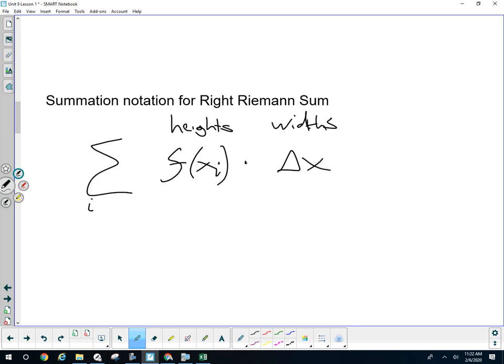We say i starts at 1 to make it a right Riemann sum, rather than i starts at 0 to make it a left Riemann sum. That's not important. And it goes to n, where n is the number of shapes. Remember, delta x is (b minus a) over n. Okay.